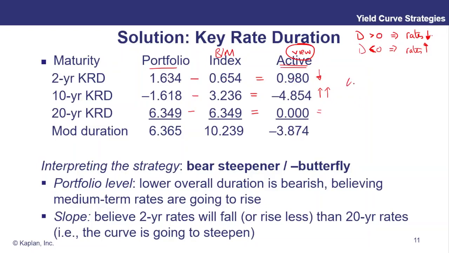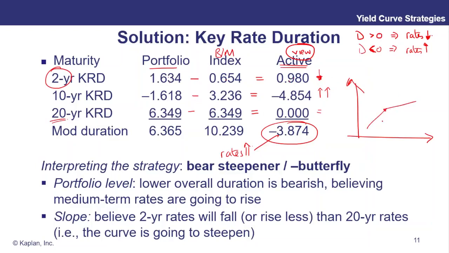By the way, we've got a negative duration overall, so we must expect rates to rise overall. So in terms of the play here, what have we got? Short-term rates are falling, because of that positive duration there, but not as much as 20-year rates. So short-term rates are falling, but not as much as the 20-year rates.